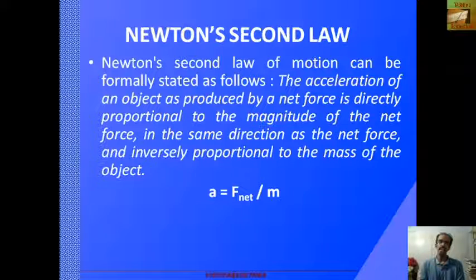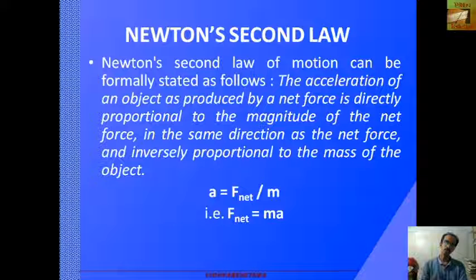That is, a is equal to F net divided by m, where a is the acceleration, F net is the net force, and m is the mass. This formula can be written in a better format, that is, F net is equal to ma. That is, the total net force acting on the object is given by the product of mass of the body and acceleration.